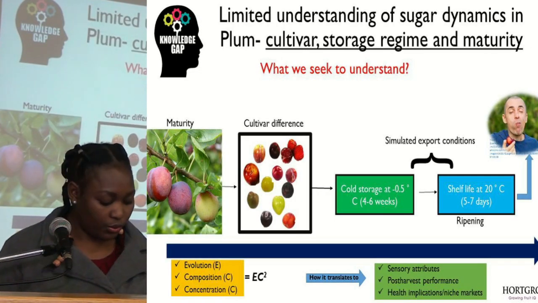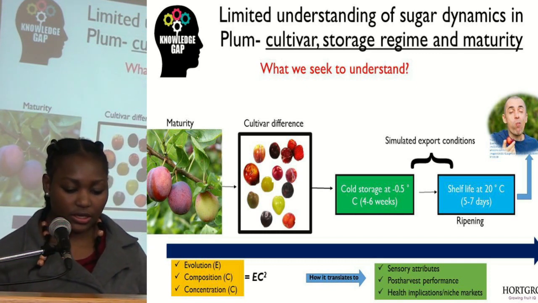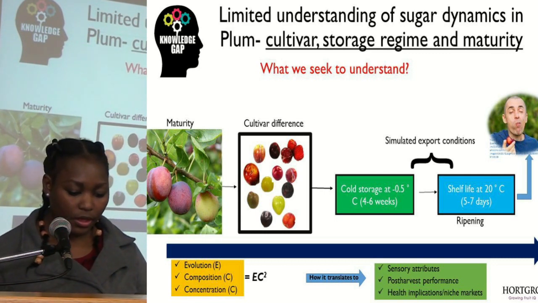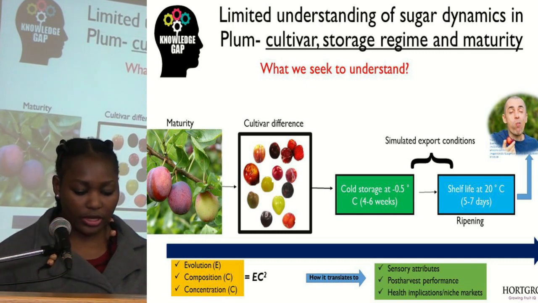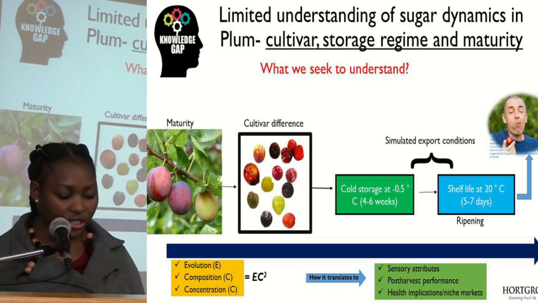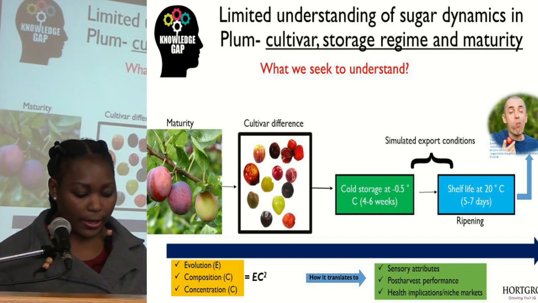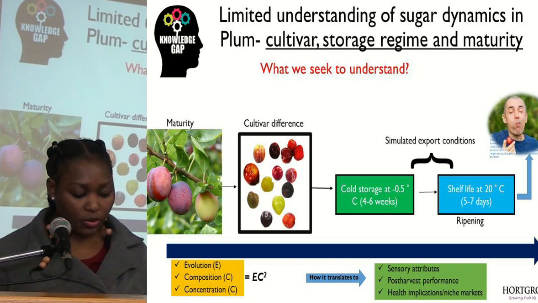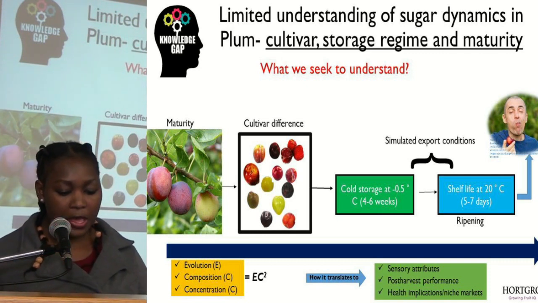Because there is limited understanding of sugar dynamics in plum, we seek to understand which maturity stage, out of the 5 stages that will be used in this research, has the highest sugar accumulation, and also the cultivar differences.